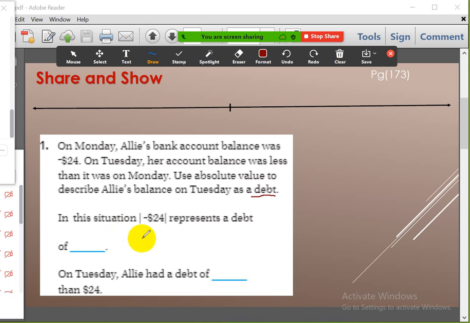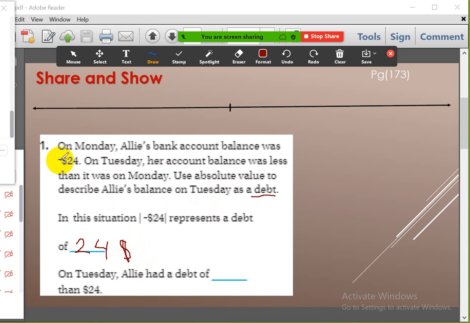So if I want to take the absolute value of negative 24, it is what? As I said, the absolute value of a negative number is a positive number. That means the absolute value of negative 24 is 24. That means the amount of the debt for Ali is $24.